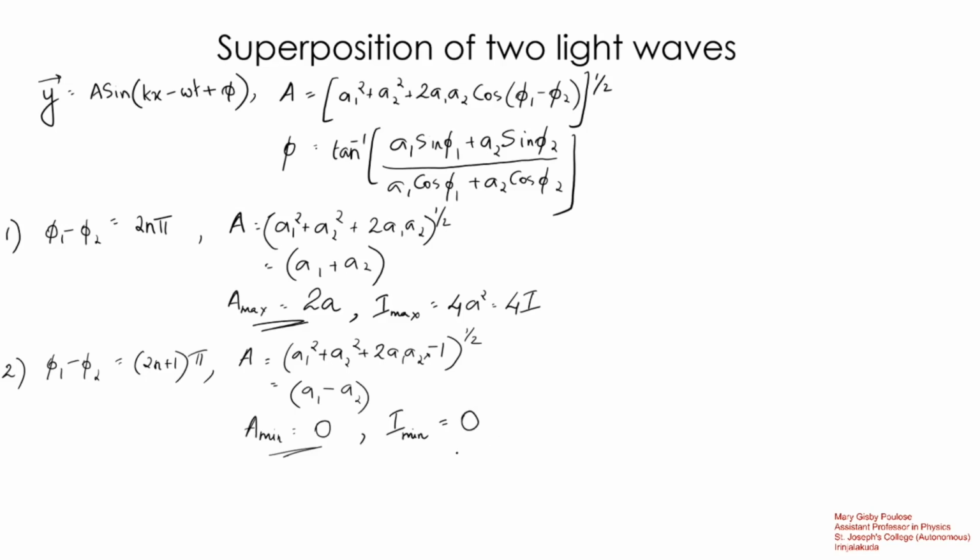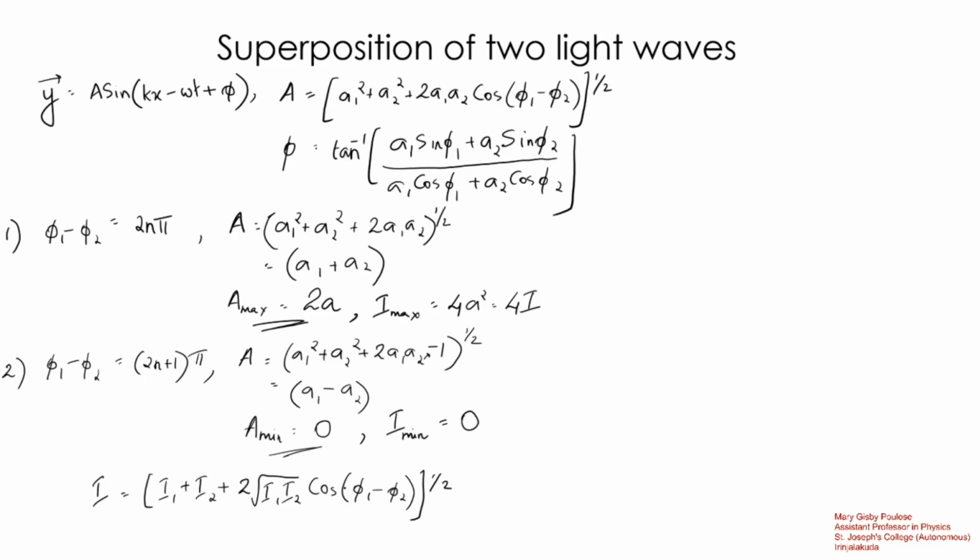Now, the general expression for intensity was given as I1 plus I2 plus 2 root of I1 I2 cos of phi 1 minus phi 2, whole raised to 1 by 2.